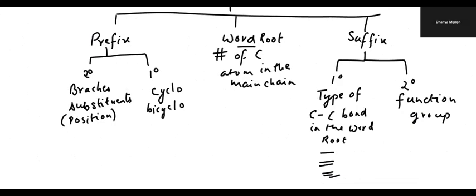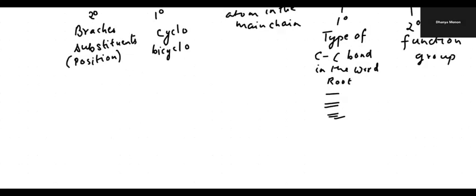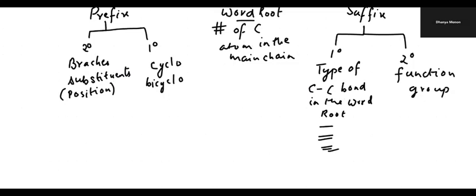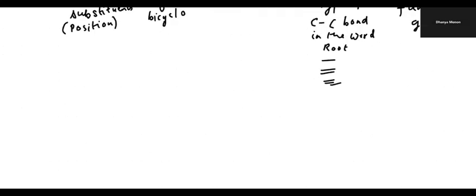So this is how we go about with the name. I hope you have noted down what is the order in which we write down the name. First is the secondary substituent.